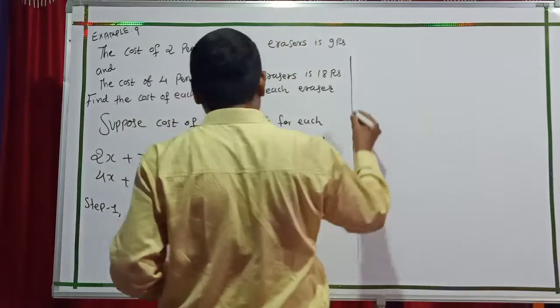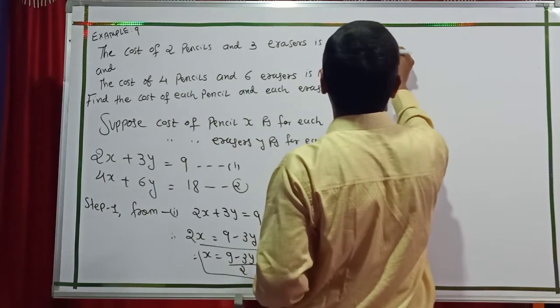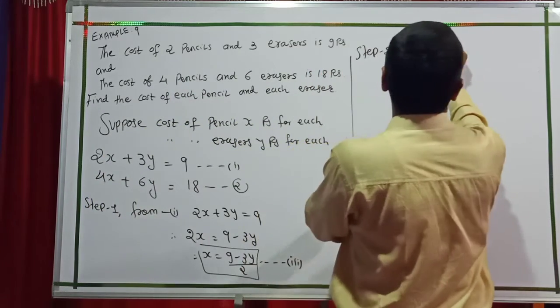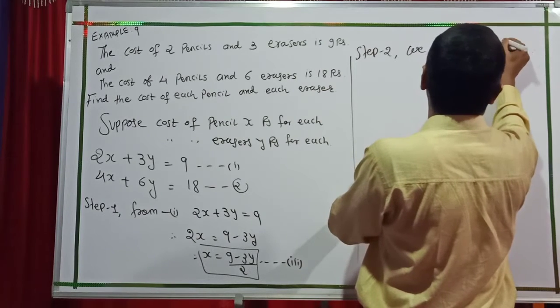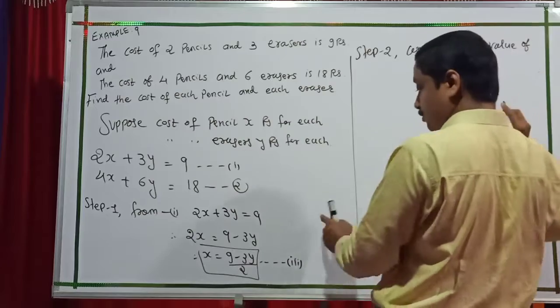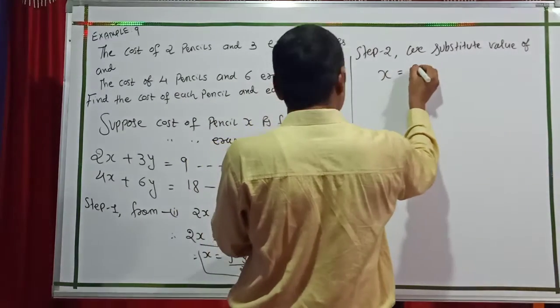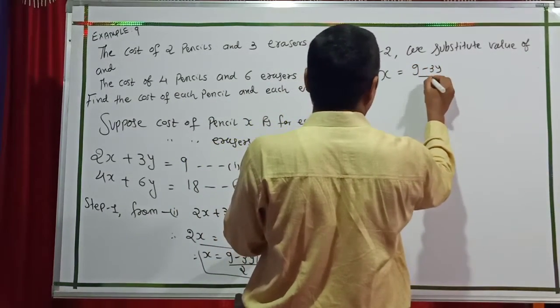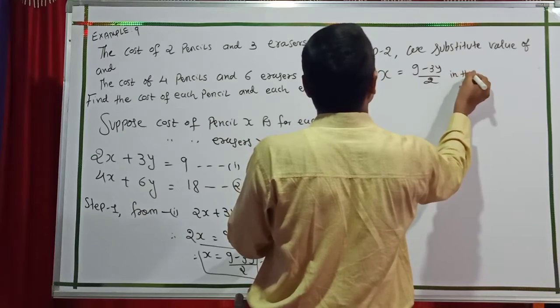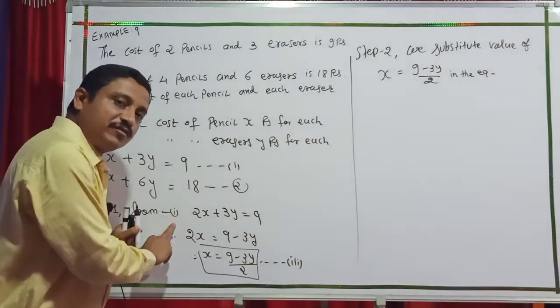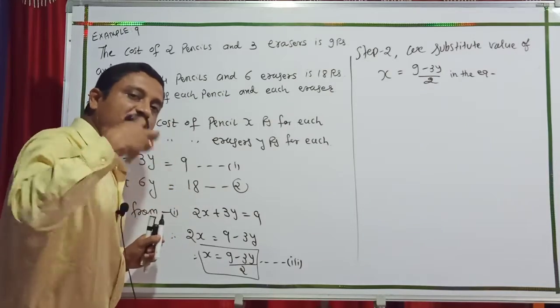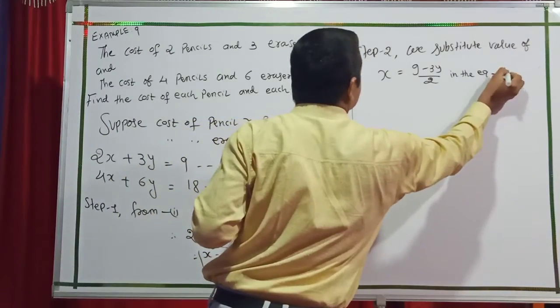So continue with step 2. We substitute the value of x equals 9 minus 3y by 2 in the equation. Look here, we started from equation 1, so we substitute in equation number 2.